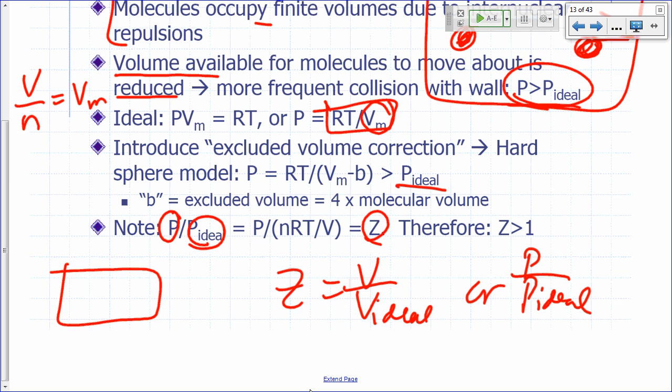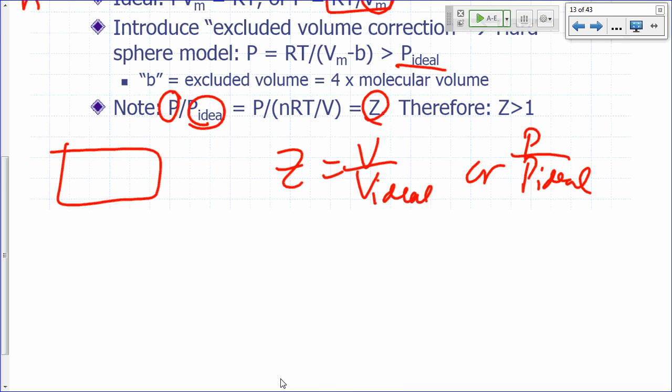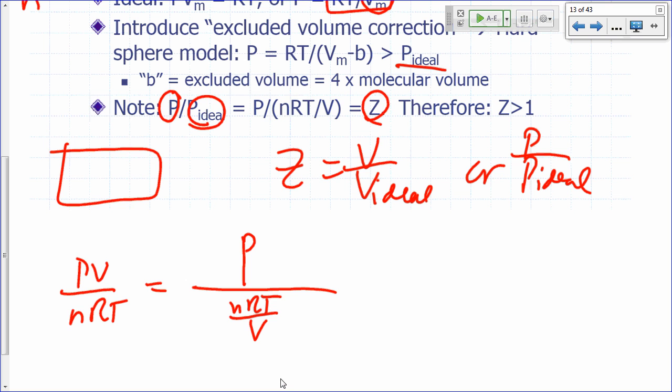Pressure over nRT over V, right? That's another way of writing PV over nRT. I'm dividing both numerator and denominator by volume. So I have pressure over nRT over V. For the same volume and temperature, this is what the pressure would be.